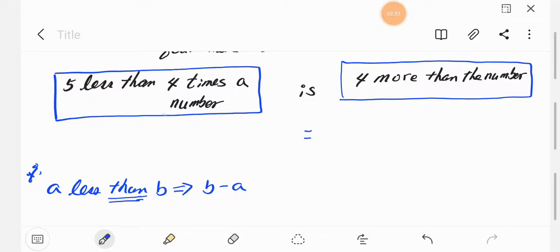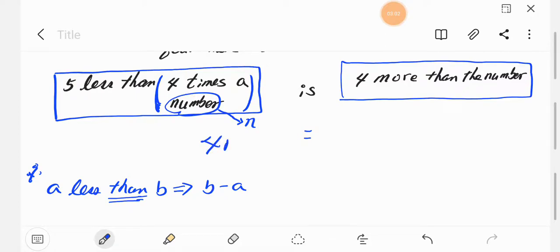So the left hand side is 5 less than something. This second part is what? 4 times a number. We don't know that number, so why don't we write this number as x? Or let's make it n, variable n. So 4 times a number means 4 times n, right?